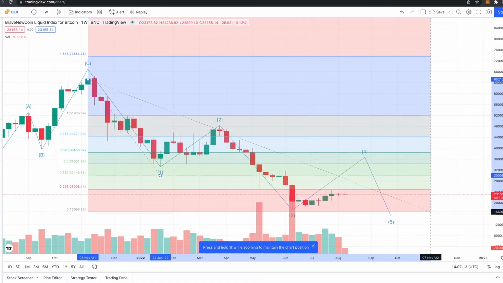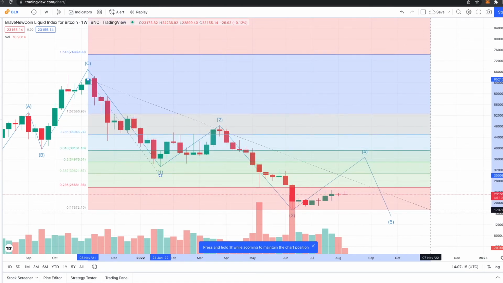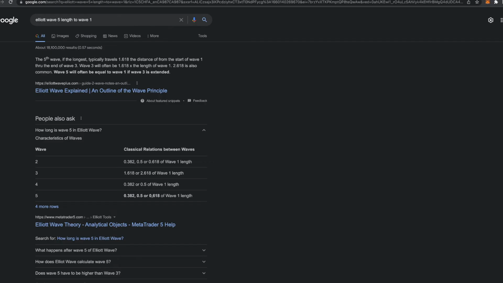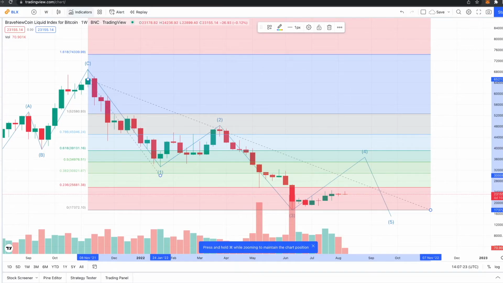Another way to measure the wave 3, that's my bottom of wave 3. So wave 4 is 0.382 or 0.5 of length 1. So let's see if there's any confluence the other way we're looking. Oh, so it kind of goes a little too high. Interesting.